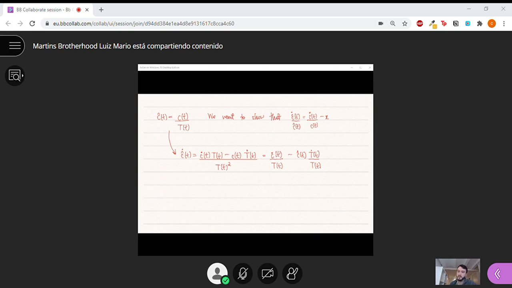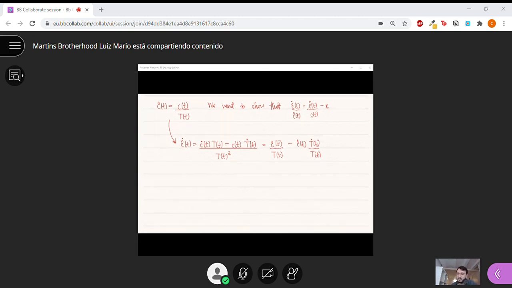That's very similar to what we did before, right? So actually it's just the same. If you change the symbols, you get the same result because we are doing the same calculation. We know that T dot over T is x, that's the growth rate of T. And what we actually want to know is C hat dot over C hat.